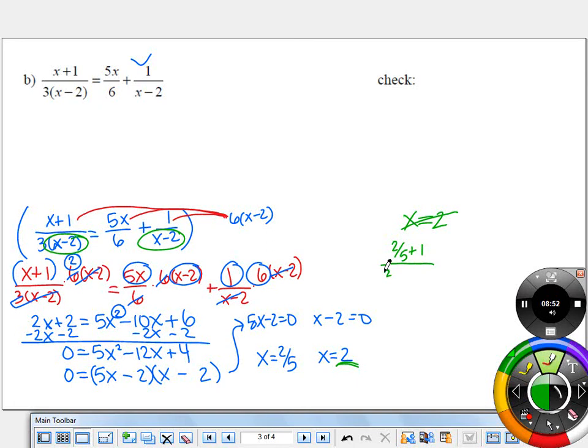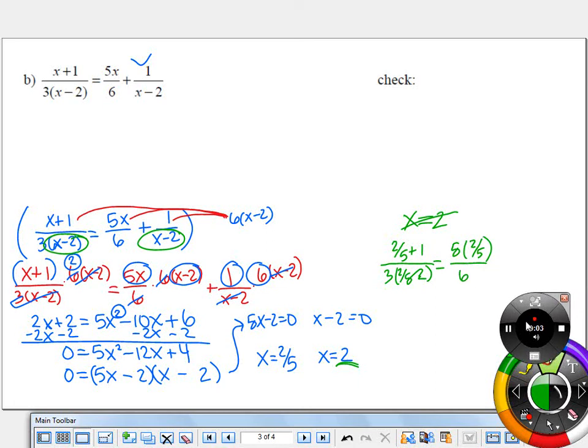It might take a little bit of work, so we'll see how this works out. So 2/5 plus 1 is going to be 7/5. 2/5 minus 2 is like 2/5 minus 10/5, which is negative 8/5, times 3.